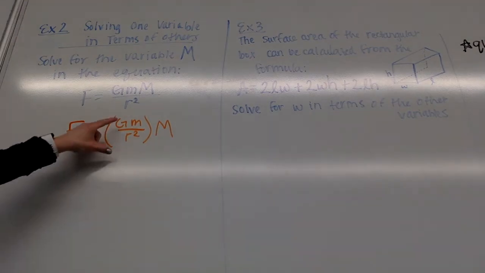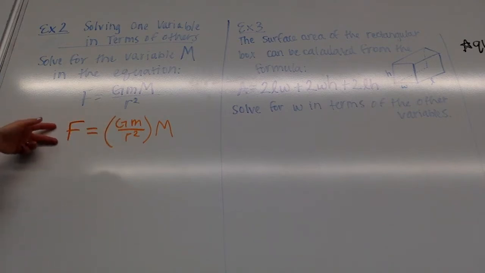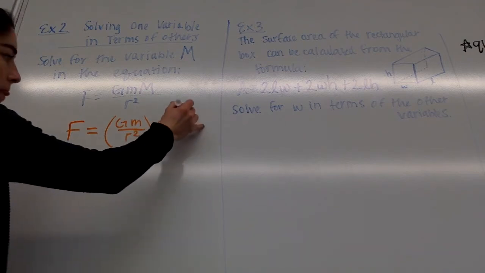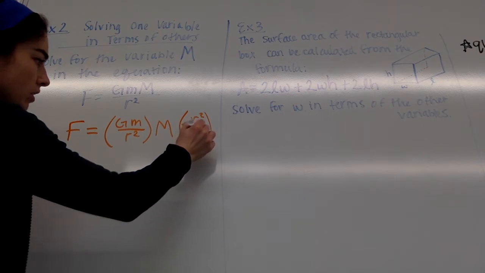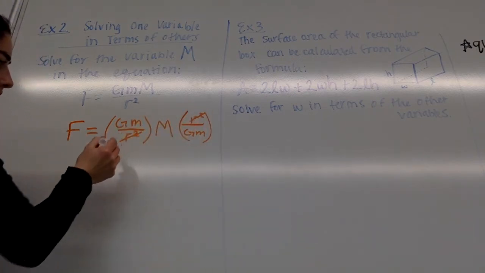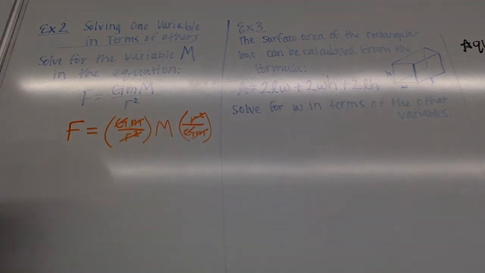So now we have this fraction here that we can flip and multiply on this side. Okay, so let me show you. If I multiply by r squared over G lowercase m, then the r squareds cancel, the G's cancel, and the m cancels. That leaves the capital M by itself.